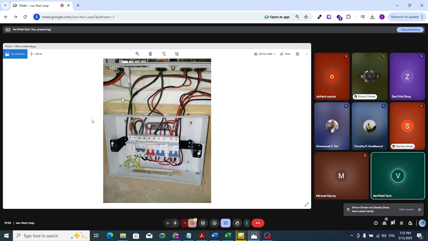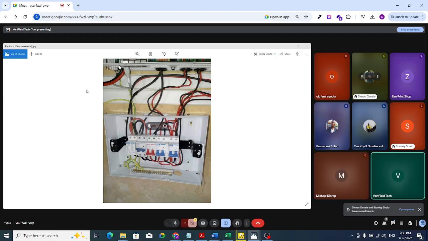You can also see that this system has earthing included in it, and if you are smart enough, you can easily identify it even without anyone showing it to you.